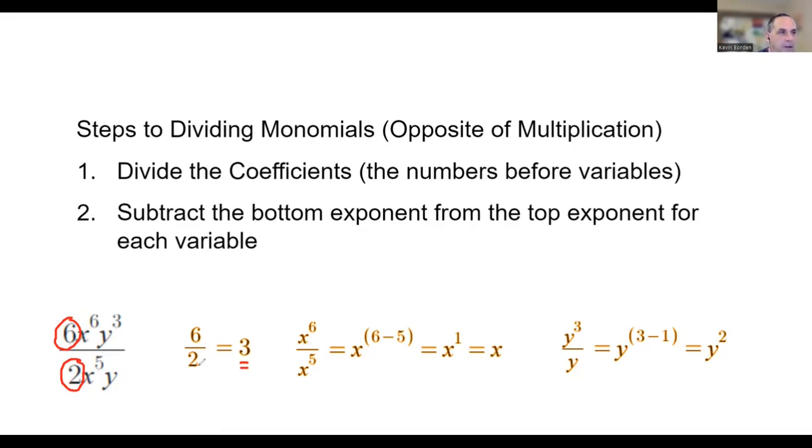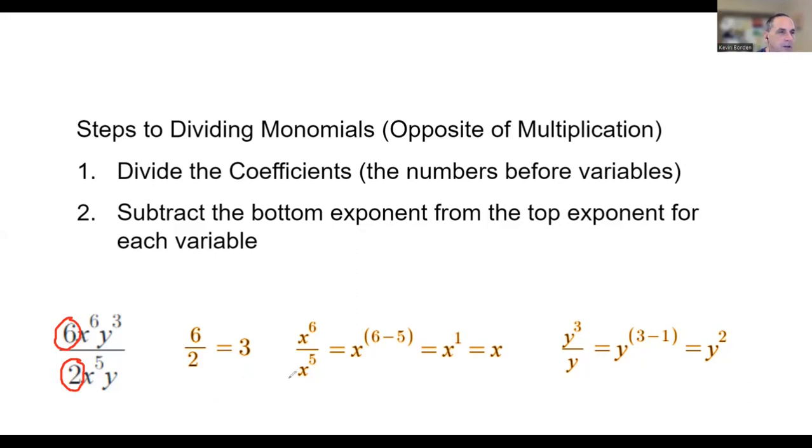If you don't get a number when you divide it, you can just reduce the fraction. For instance, if this had been 6/4, that would have reduced to 3/2. And you would want to do that. You want to reduce the fraction that's created by the coefficients. So either divide or reduce the fraction. In some cases, you won't be able to do either, but that's okay. You still need to attempt to do that.